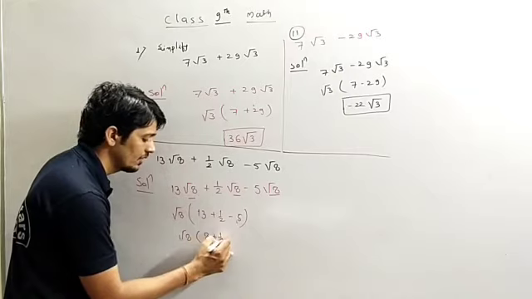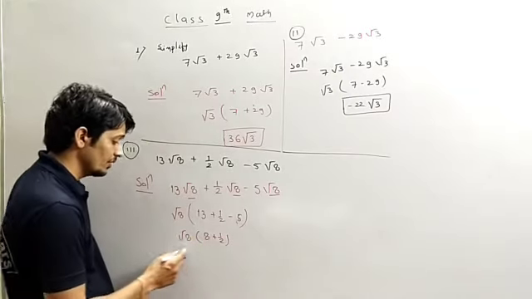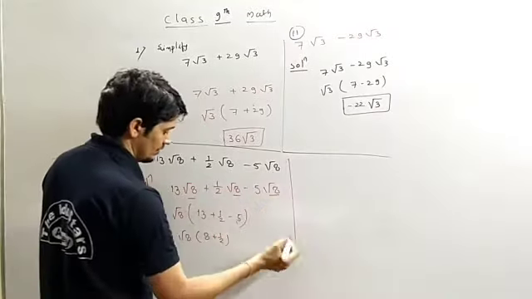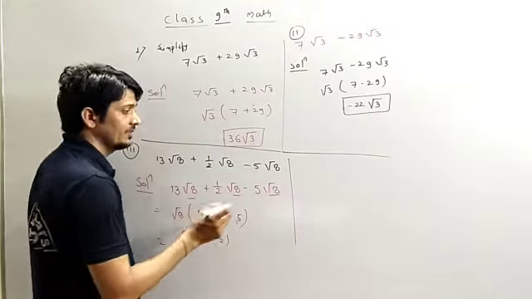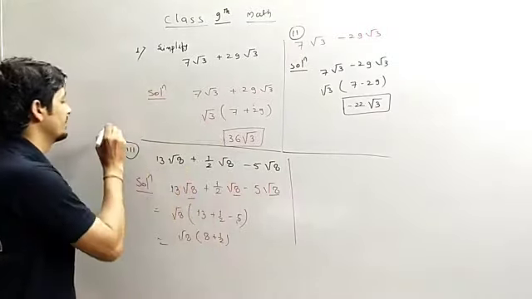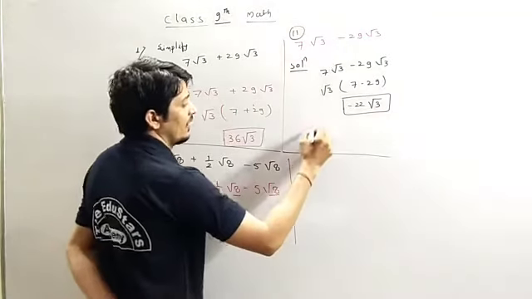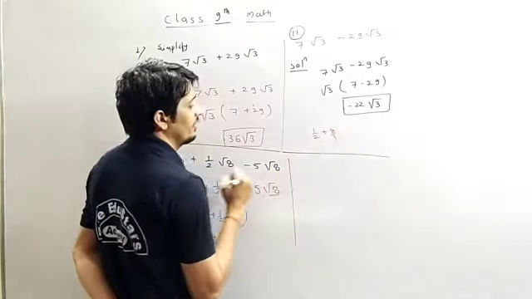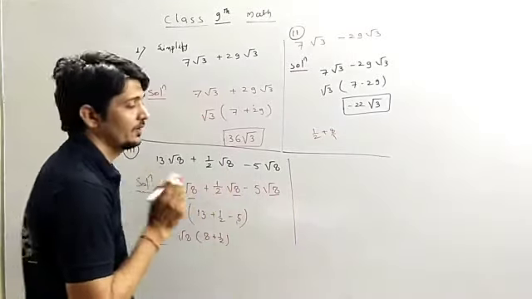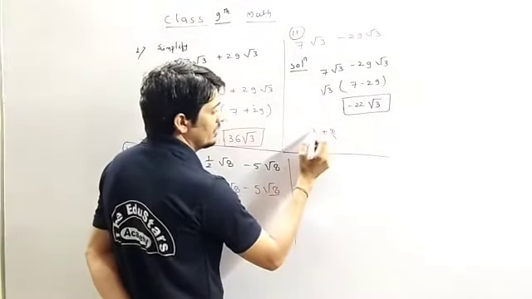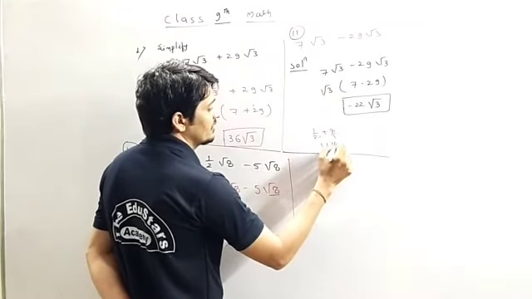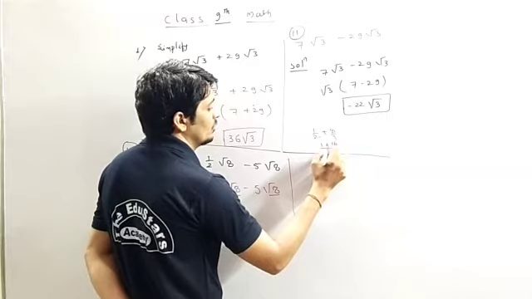So 8 plus half, we have to calculate here. Half plus 8. In the denominator we have 1. So 2 8s are 16, plus 1 is 17, divided by 2.